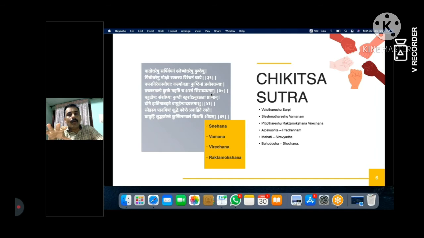Apart from that, in all Kushta conditions there will be involvement of Tridosha in the production of the Samprapti.